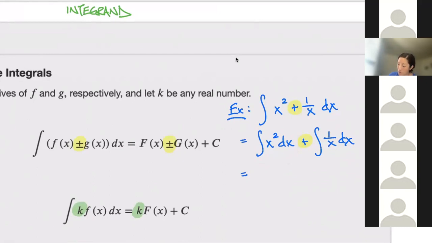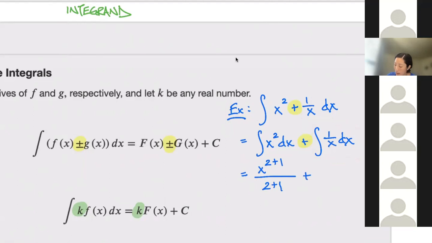We would use that power rule, and so we would get x to the n plus 1 over n plus 1. So that's the first one, plus, where did this function come from? What is the original function if that's the derivative? Yeah, this came from natural log.